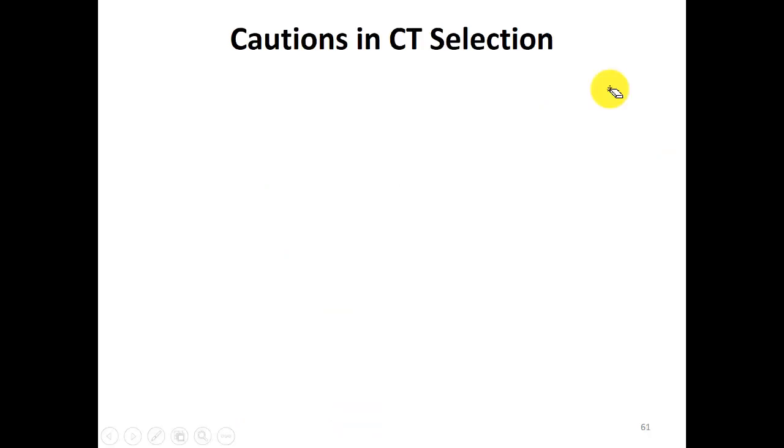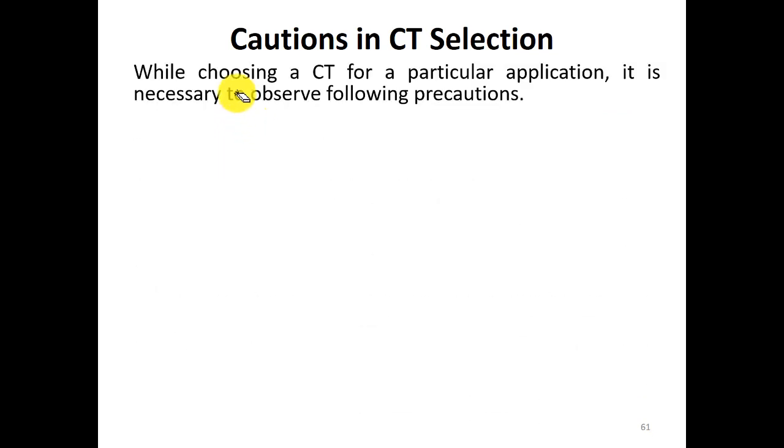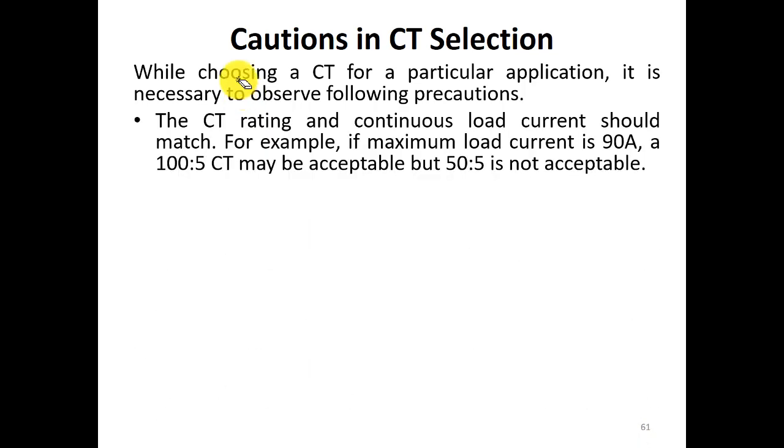Now let us see the cautions in CT selection. While choosing a CT for a particular application, it is necessary to observe the following precautions. The CT rating and the continuous load current should match.